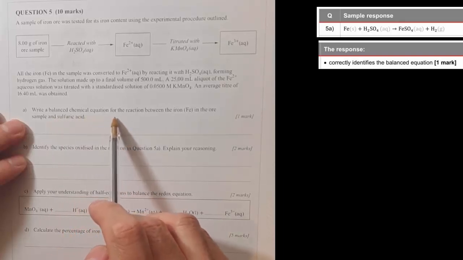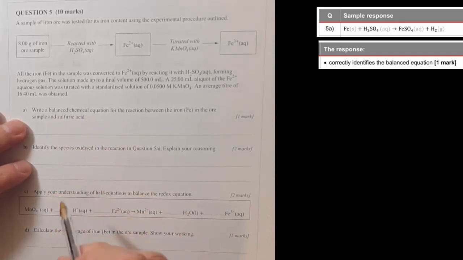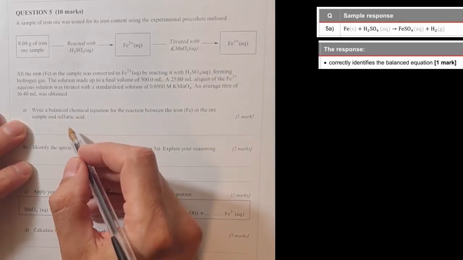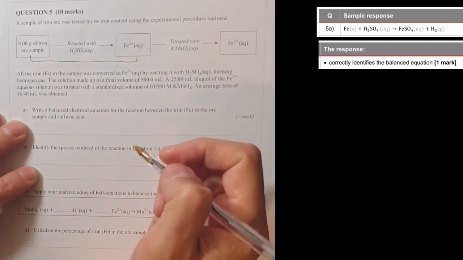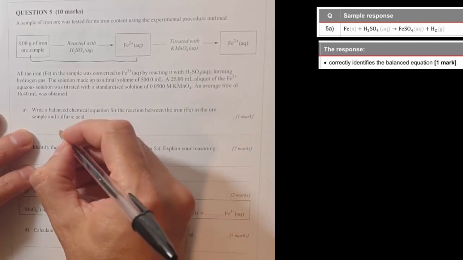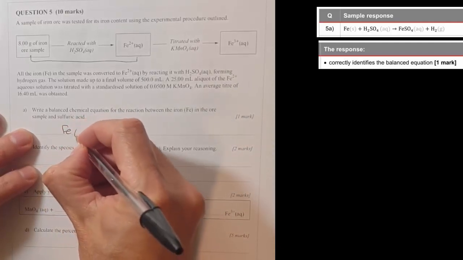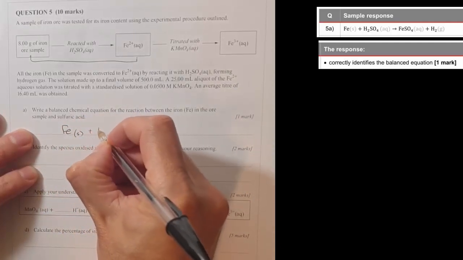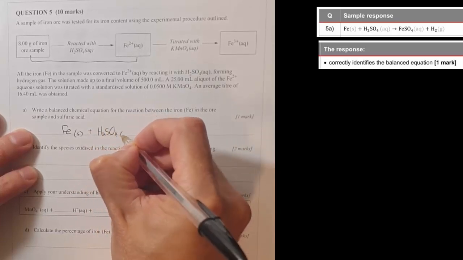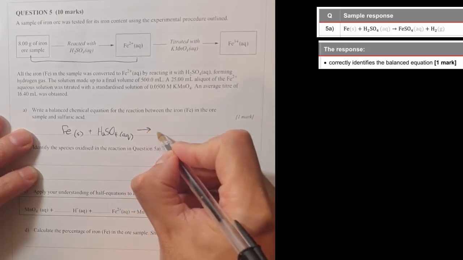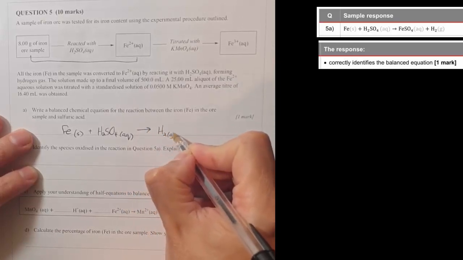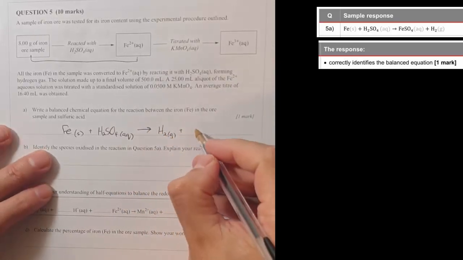So balanced chemical equation through reaction between iron ore and the sulfuric acid. So that's this bit here, giving a hydrogen gas, so metal plus acid gives gas, of course. So iron solid plus H2SO4 aqueous goes to hydrogen gas plus the salt, so iron sulfate.